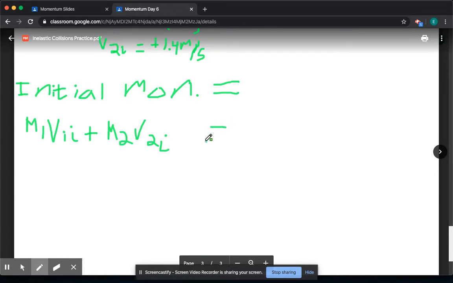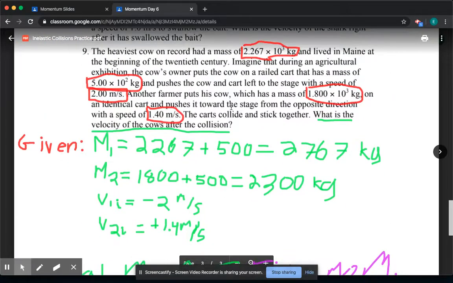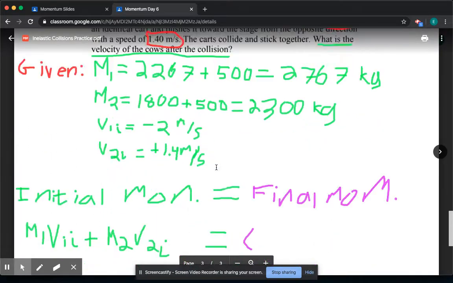And that has to equal our final momentum, which is going to be, again, if you look at the problem, it clearly states the carts collide and stick together.